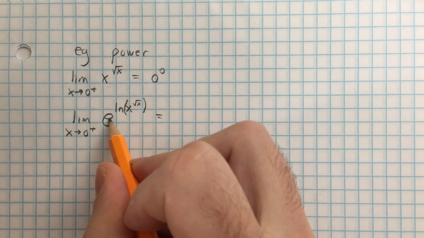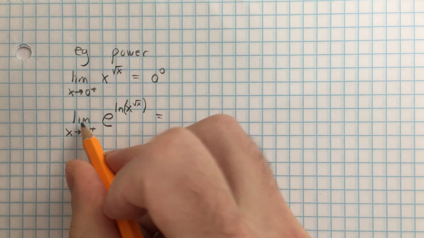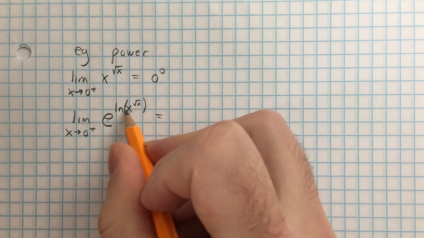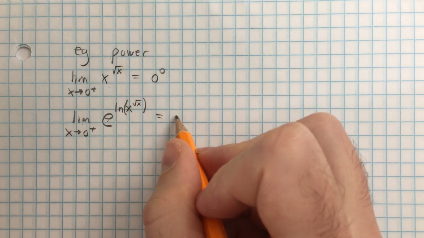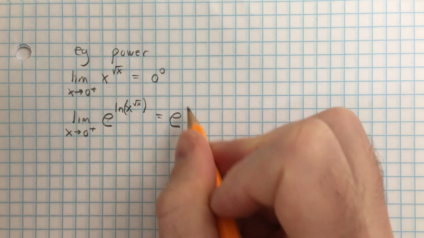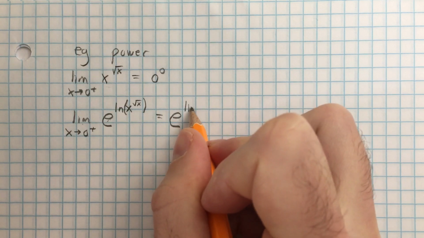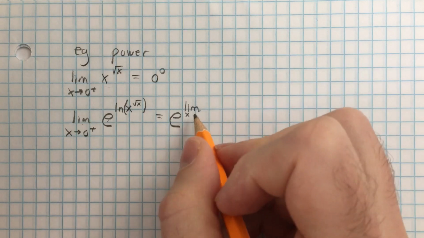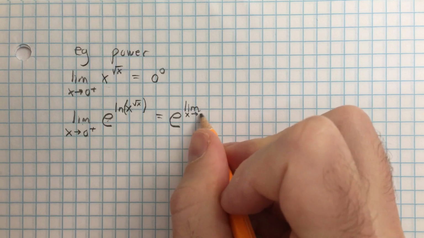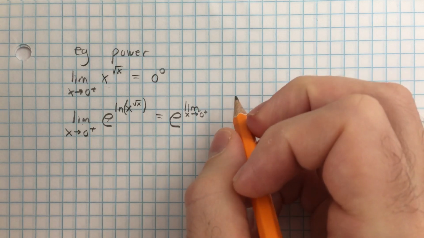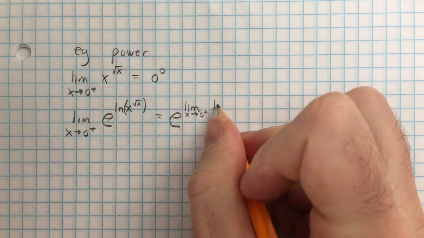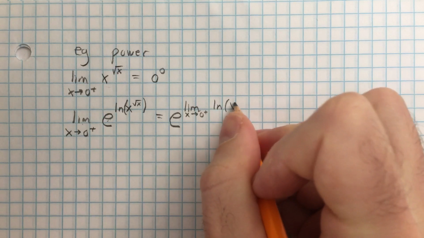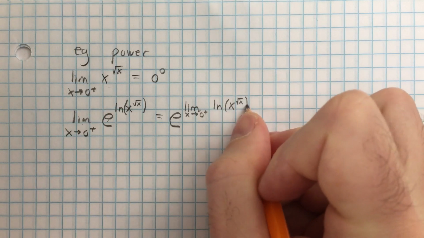Since the exponential function is continuous, the limit of the exponential to some changing object up here is the same as the exponential raised to the limit of that changing object. Okay? So because of continuity of the exponential, I can slide the limit inside the exponential function and apply it to the natural log of my original function.